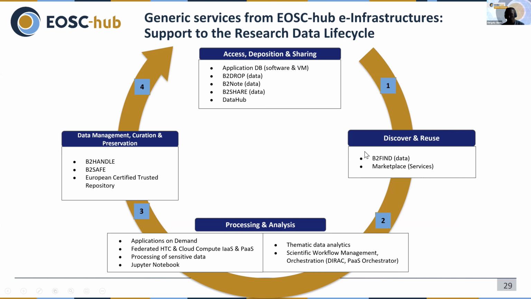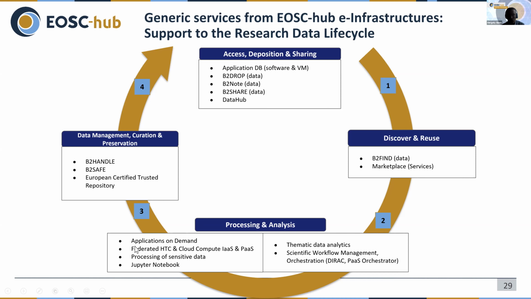That researcher can do that, for example, using the B2Find data catalog, can do that using the marketplace, which is a catalog of services, then use those identified data analytics services or scientific workload management services or orchestration services in order to parse his or her own data or cross-correlate that data with the other data that was discovered in step one.